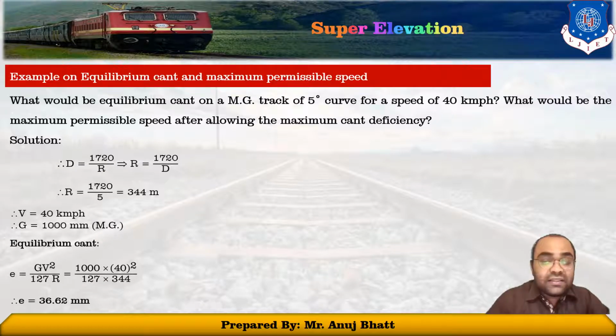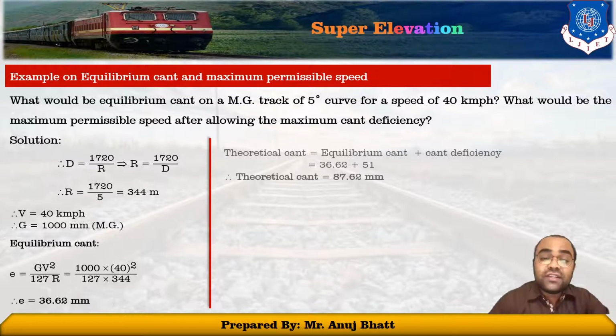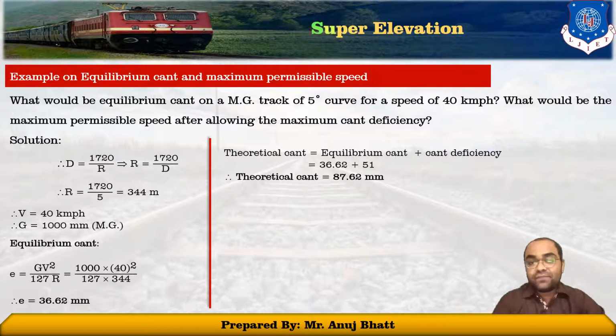Clear? In the next part, we have been asked to find the maximum permissible speed. To find that speed, we have the value of G, the value of R and the value of superelevation, that is cant. Here the cant that we provide should be the theoretical cant. To find the theoretical cant, we have the formula: theoretical cant is equal to equilibrium cant plus the cant deficiency.